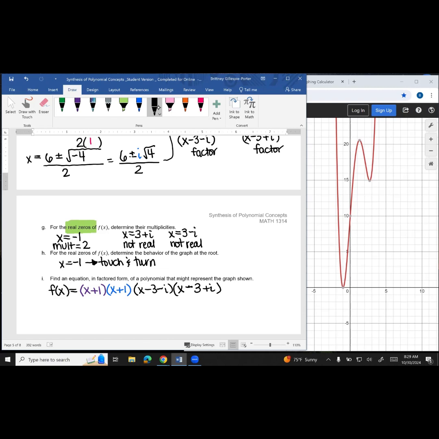I'm going to make this look just slightly nicer by putting the x plus 1 to the second power. So we have x plus 1 squared times our x minus 3 minus i factor times our x minus 3 plus i factor. And here we are in factored form because we have the parentheses and they are all multiplied together.